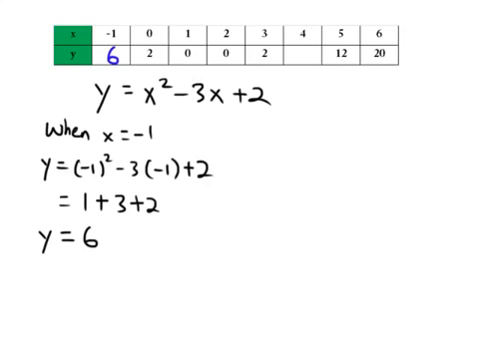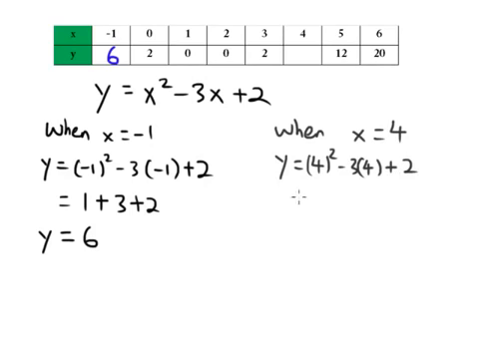Now, how about when x is equal to 4? When x equals 4, your y is 4 squared minus 3 times 4, plus 2. Here you will get 16 minus 12 plus 2, and then you get 4 plus 2, which equals 6.